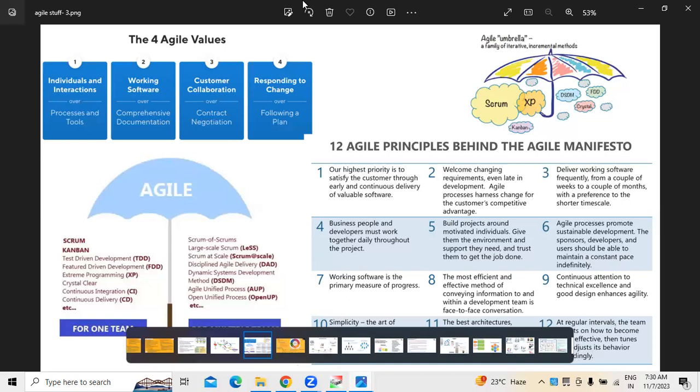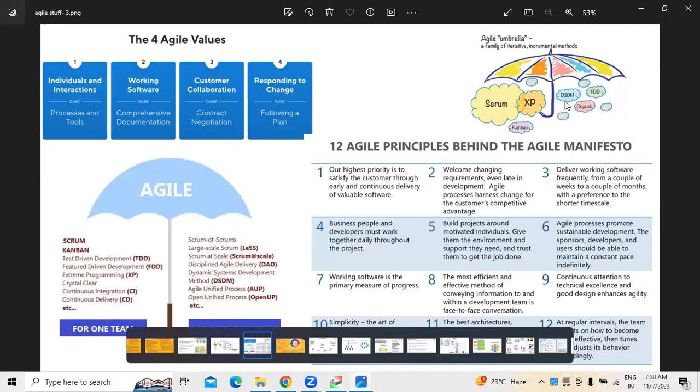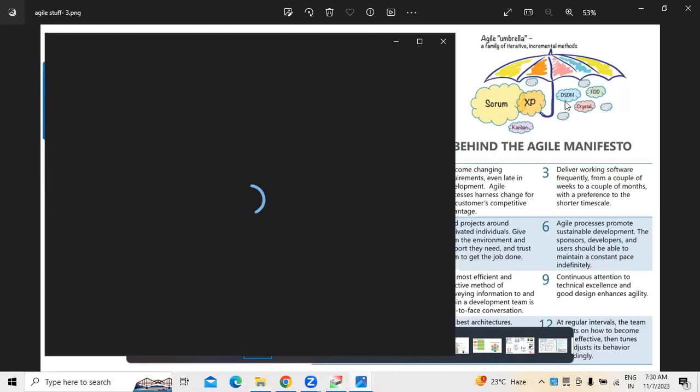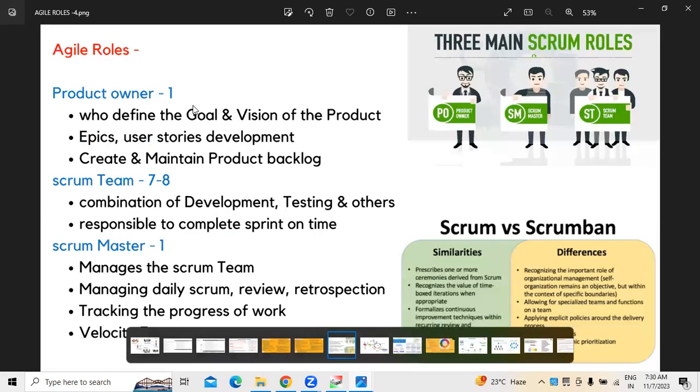There will be three different roles in agile, because if you follow the traditional model of application development, we have a lot of roles.